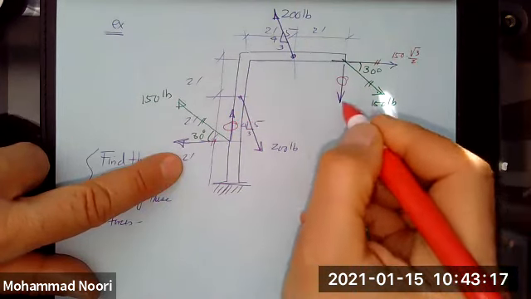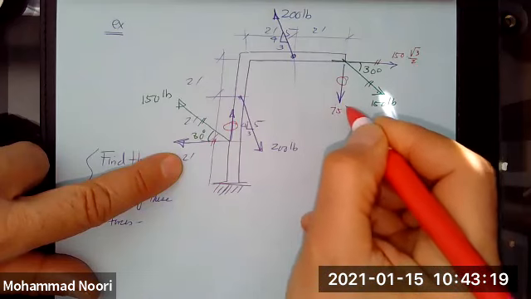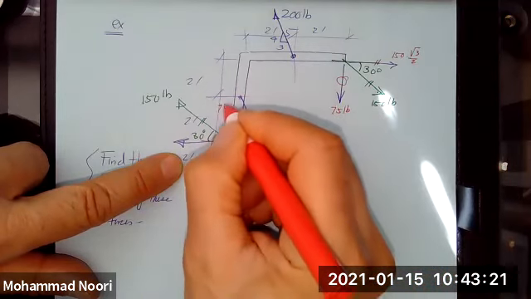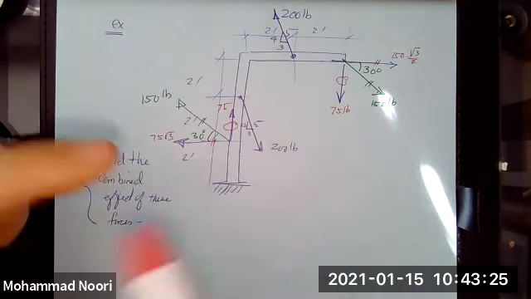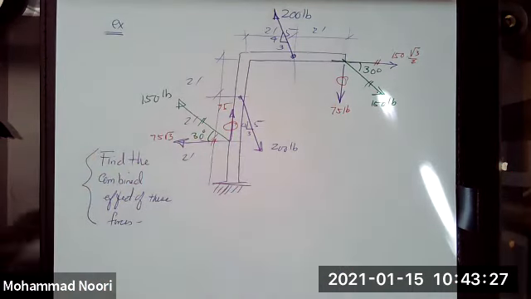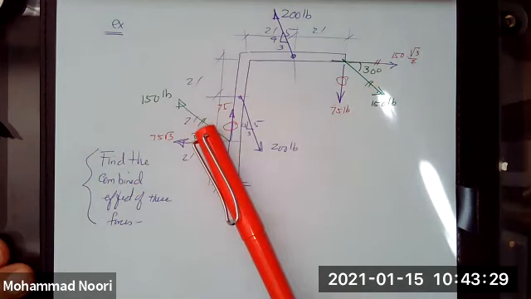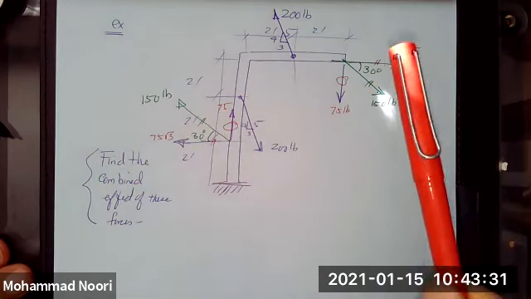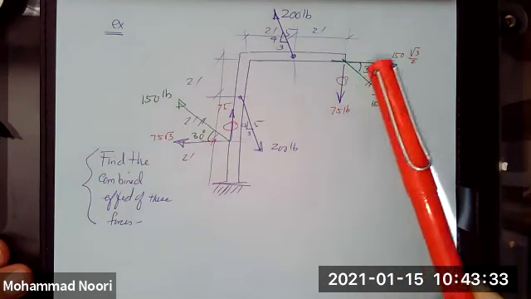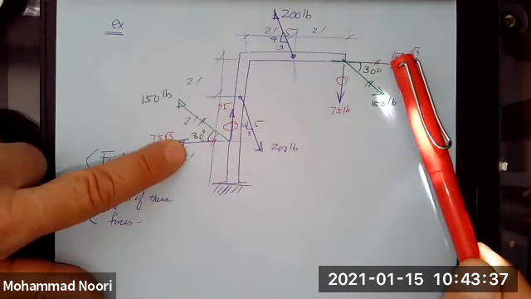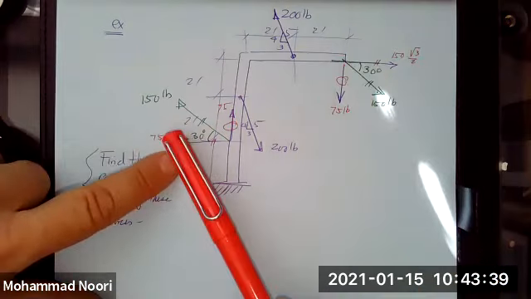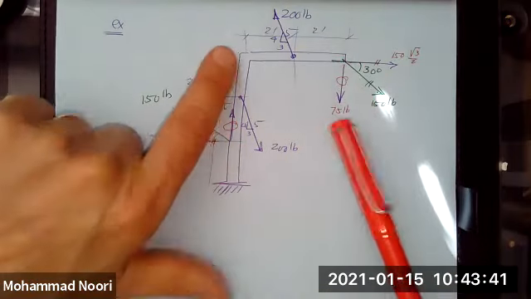This is 150 sine 30, which is 75 pounds. So this is 75, this is 75 square root 3. The action of this couple is the same as the combined action of the couples that the components of this couple make. This is a one couple system, and this is another couple system.